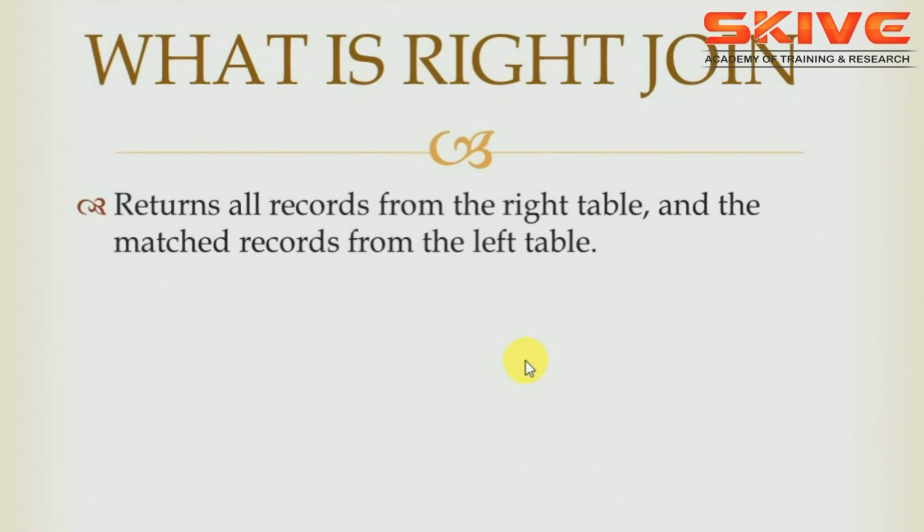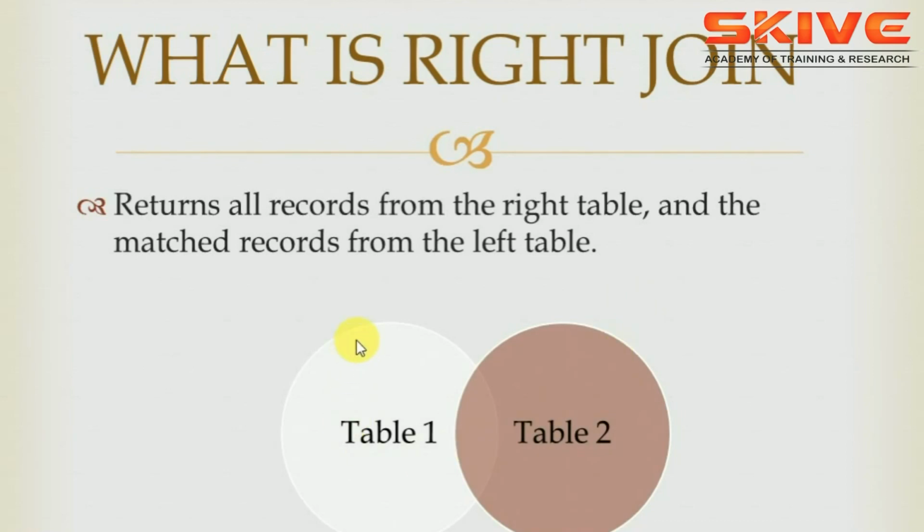Next section is right join. A right join returns all the records from the right table and the matches from the left table. Let me show the graphical representation. This is table 1, this is table 2. The records that match in table 1 we are going to shift over to table 2.